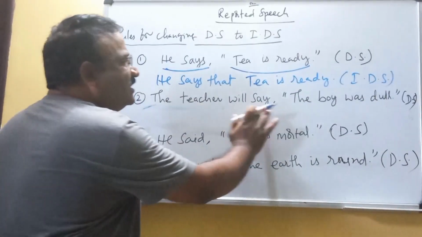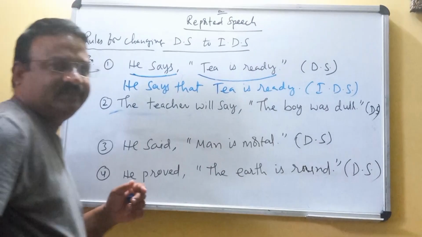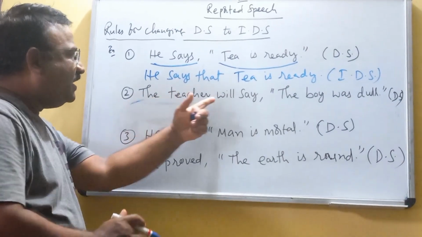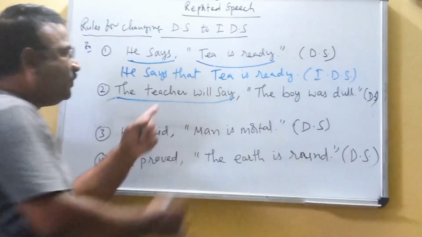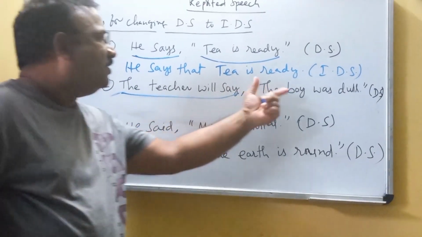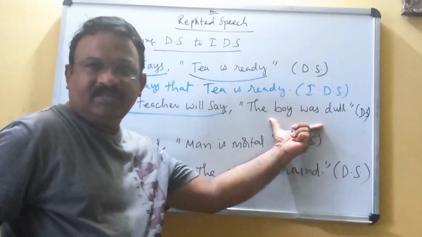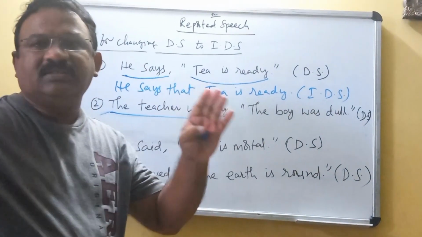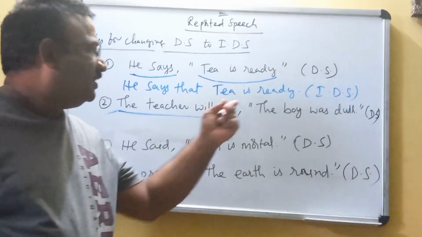Let us see one more example. The teacher will say, the boy was dull. See, the reporting verb is in future tense, so the tense of the direct speech will be unchanged.